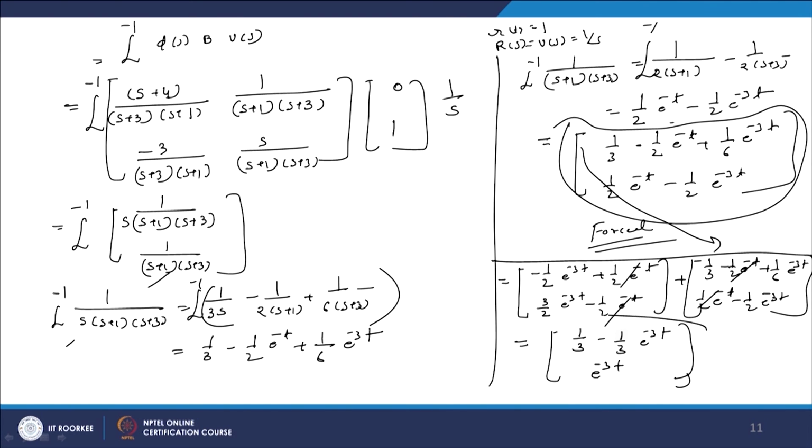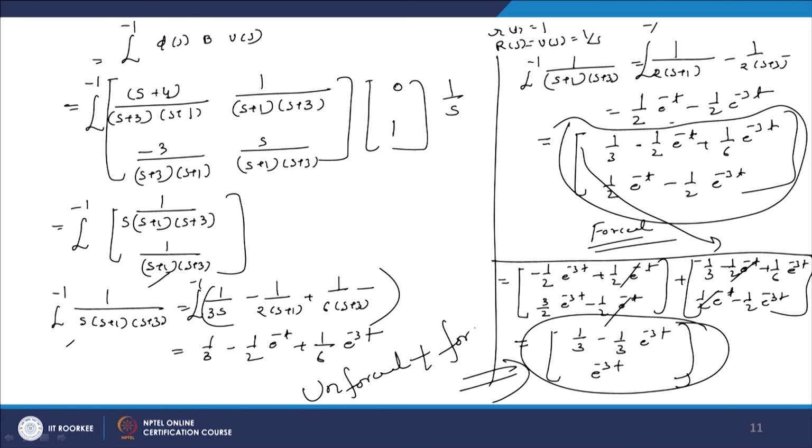So this is the complete response. This part is nothing but the combination of unforced plus forced, and this is the final x of t of a state space system when we apply a forced input.